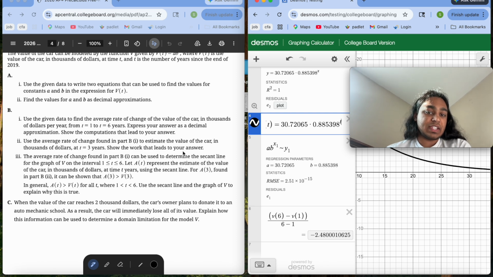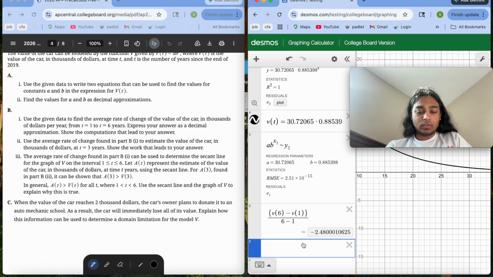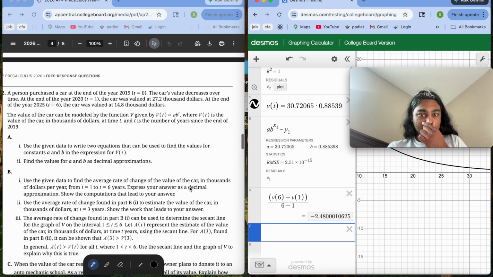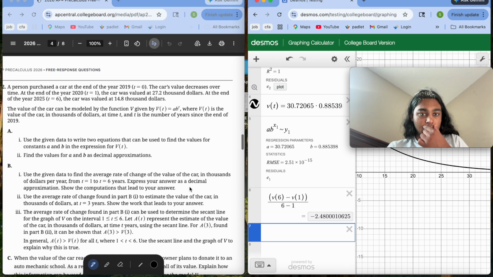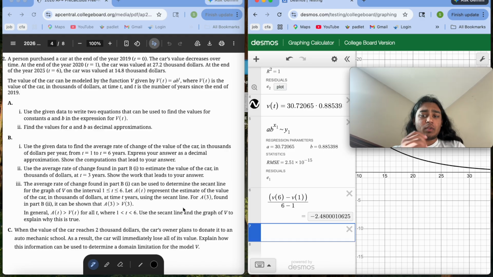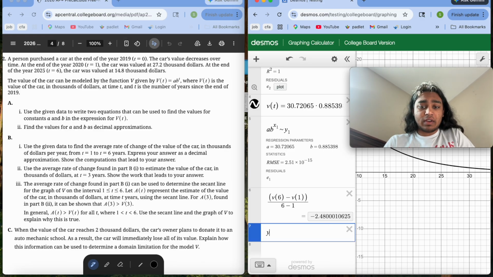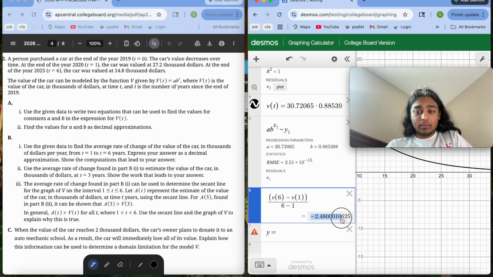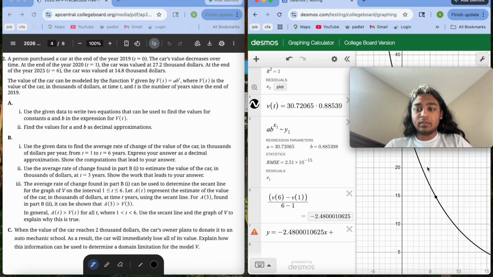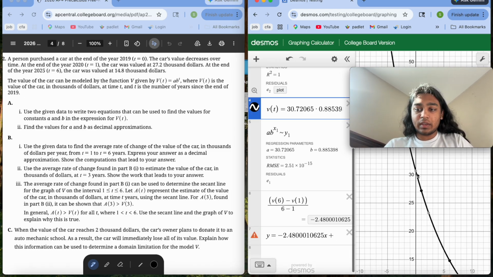So that's my answer. Use the average rate of change to estimate the value at t equals 3. So now this is my rate of change. So I'm estimating it at 3, knowing that this is my slope. So I should have y equals my average rate of change, which I can just copy paste, times x, plus my y-intercept, which is going to be, I don't actually know.